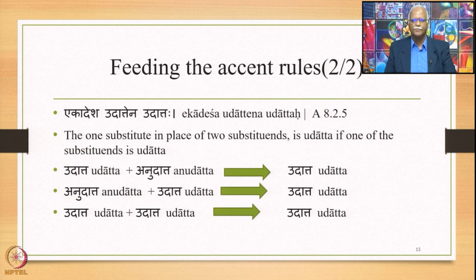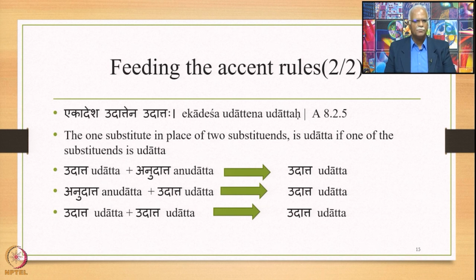Let us study this sutra, which is important as far as the Dvisthanika Ekadesha is concerned. The sutra says Ekadesha Udattena Udattaha 8.2.5. So the one substitute in place of two substituents is Udatta if one of the substituents is Udatta.